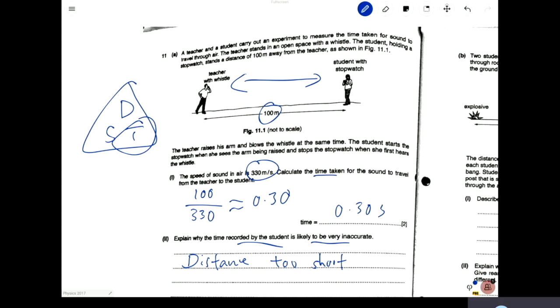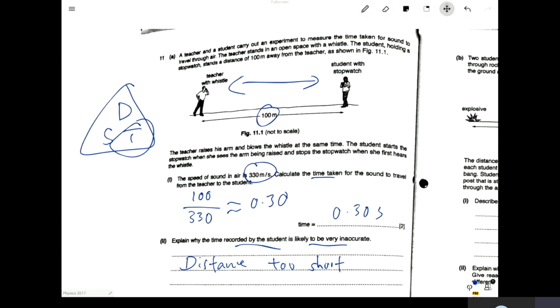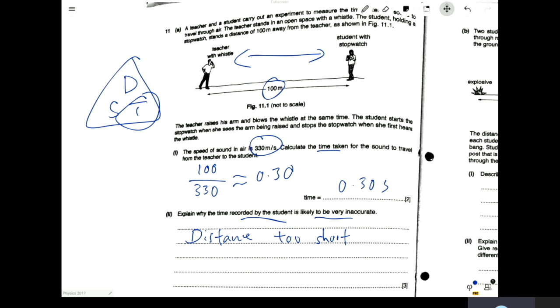No, because the error will be bigger. I thought if it's further away, the error would be bigger. No, because the duration, you see, they are trying to raise his arm and hear the sound. The difference will be very little.